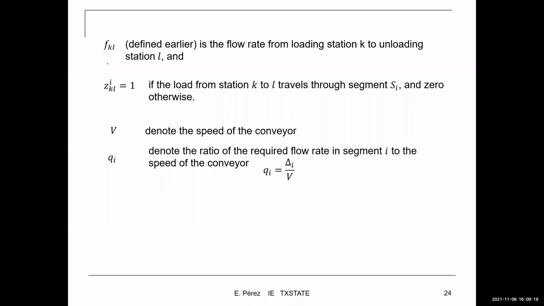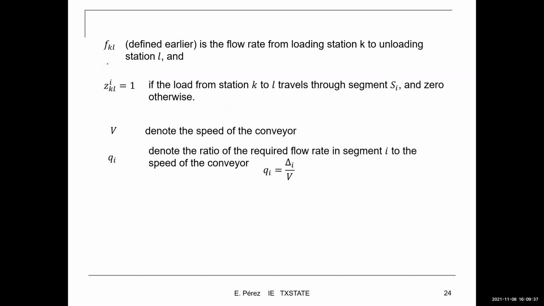So if that load is going to travel through this segment, we make that decision variable equal to 1. If that item is not going to travel through that segment, then we make that decision variable 0.